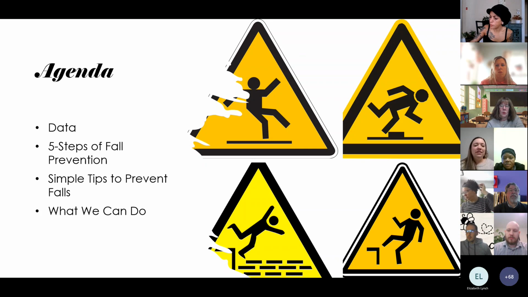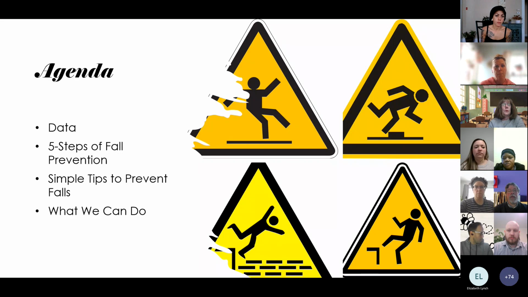We're going to talk about 5 steps of fall prevention, which is really an assessment and treatment planning process. And we're going to take a couple of brief looks at some tools that Survey has put together, which I really like, and I think they can be very helpful in putting together plans for people. And then some simple tips to prevent falls.